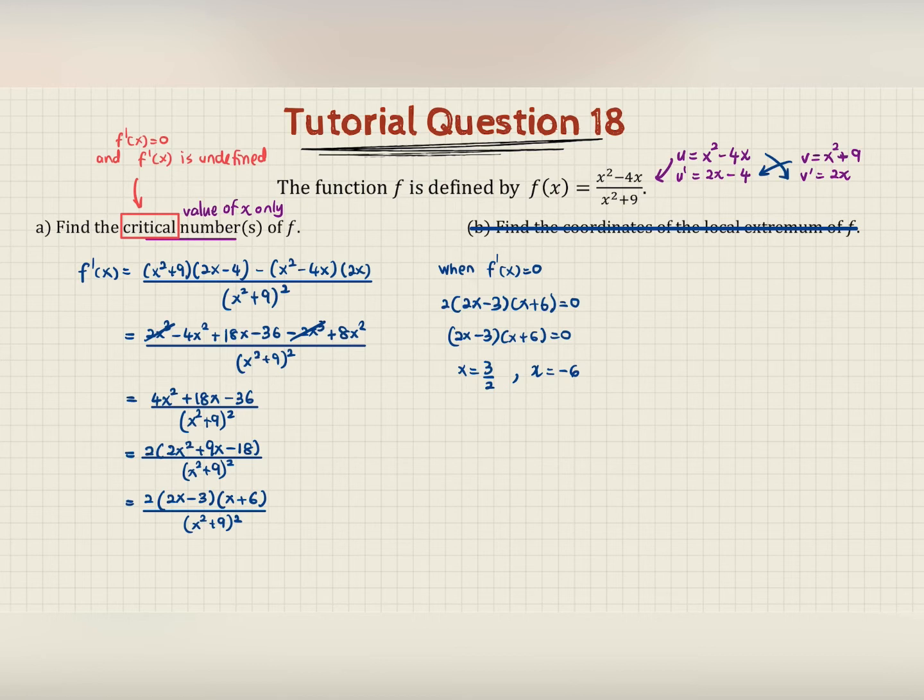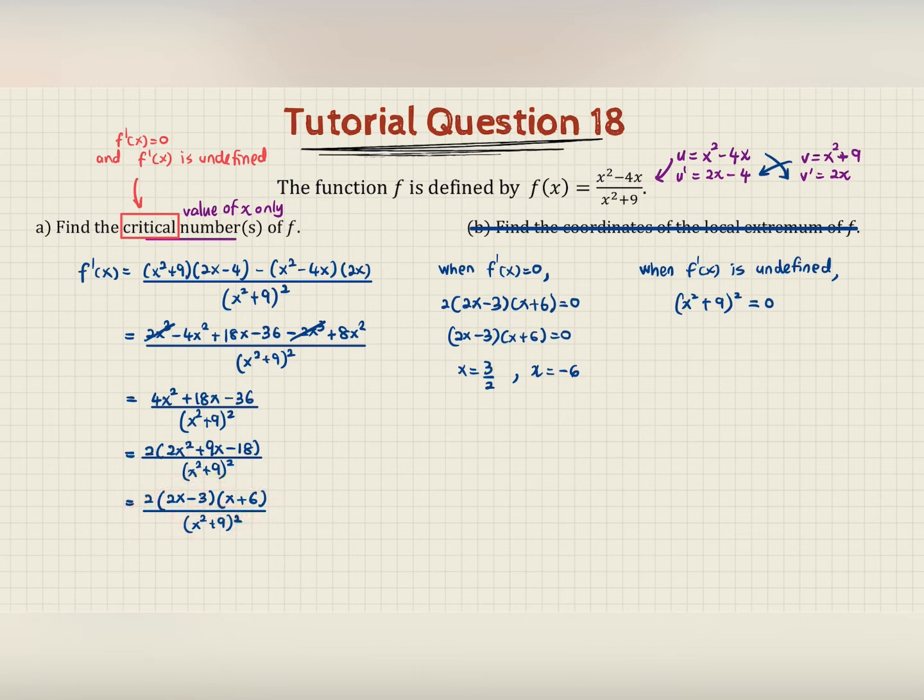So can we get another value when f prime x is undefined? Okay, so bila undefined kita akan refer kepada dia punya denominator. So kita ada x squared plus 9 squared, kita akan samakan dengan kosong. Okay, sebab bila denominator 0, this reciprocal will be undefined.